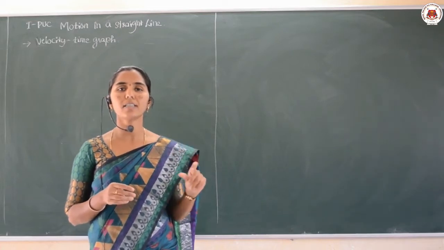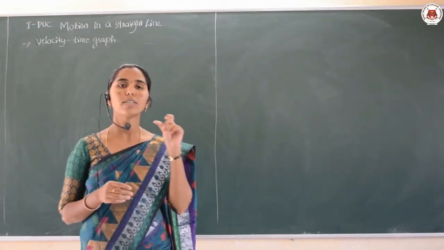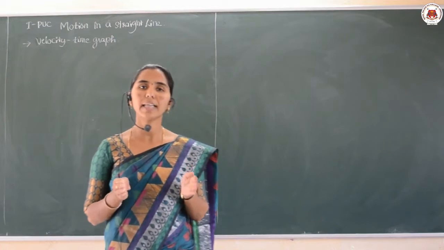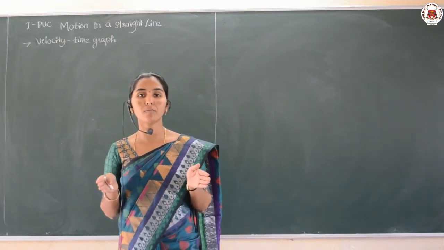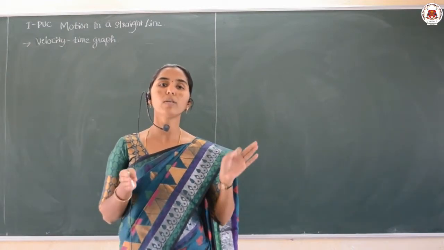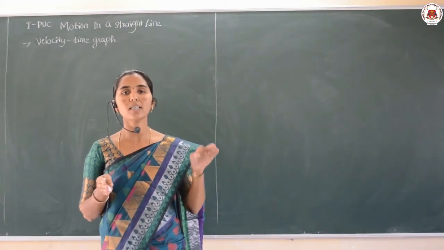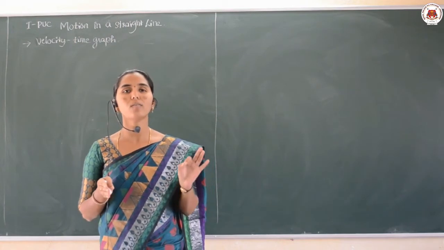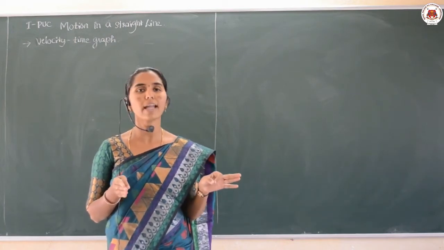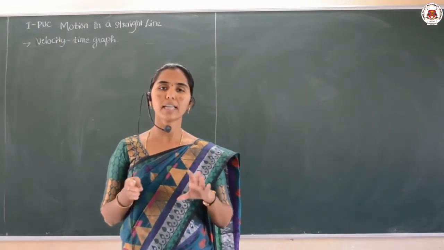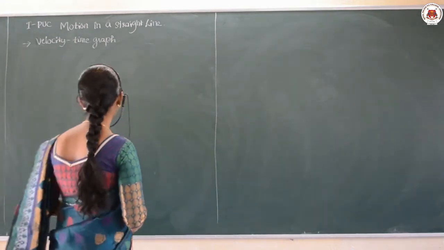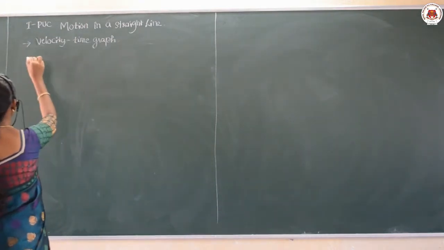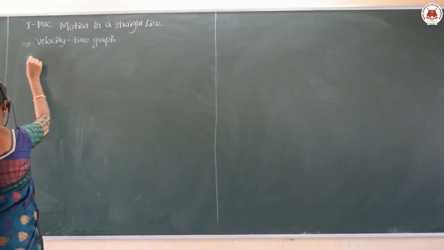It is very clear that a velocity time graph means a graph in which the velocity of an object is plotted against the time taken, such that the velocity is taken along the y-axis and the time is taken along the x-axis. Let us study the remaining graphs.